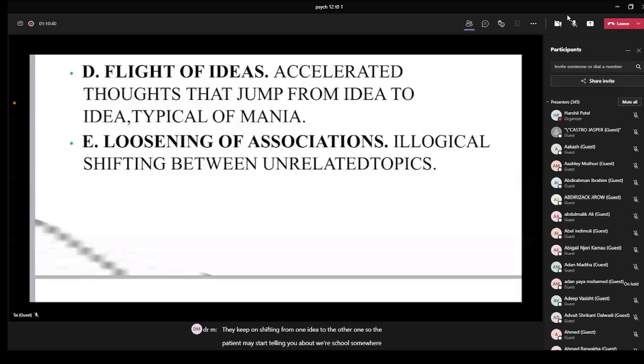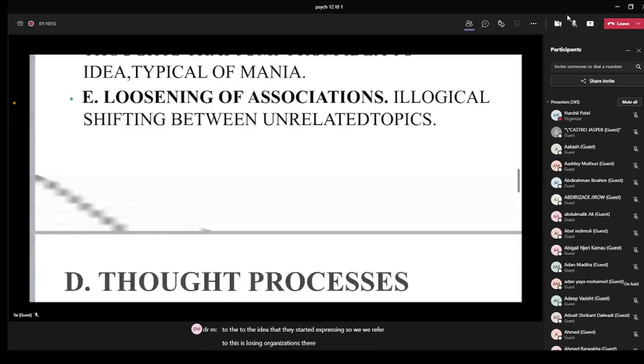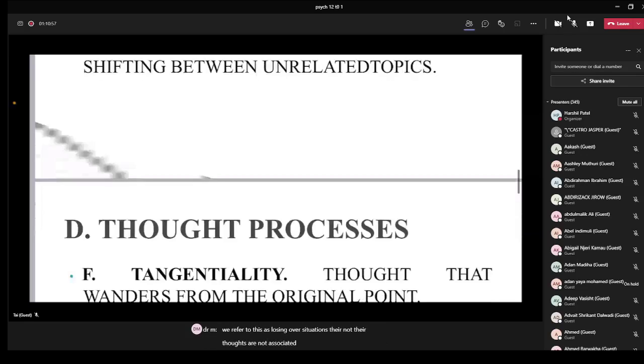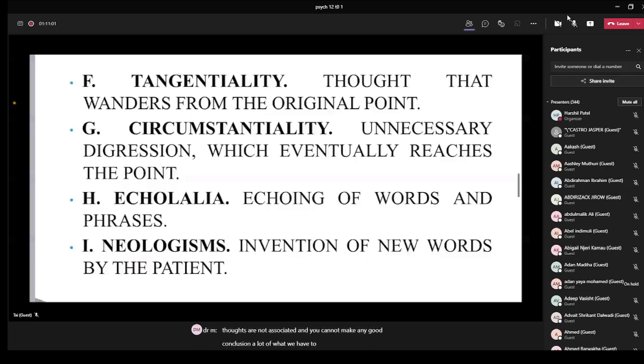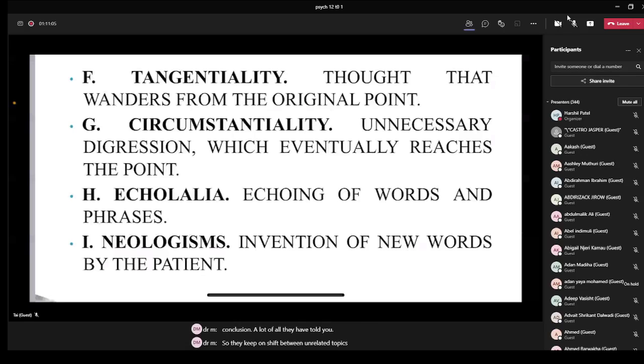Somewhere along the line, they stop talking about their school and they talk about their family or something else which is so unrelated to the idea that they started expressing. So we refer to this as loosening of associations. Their thoughts are not associated, and you cannot make any good conclusion out of what they've told you. So they keep on shifting between unrelated topics.